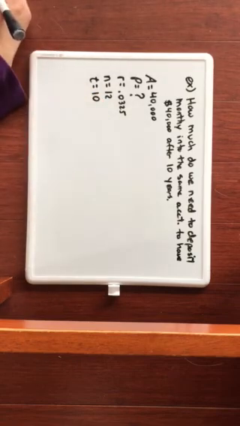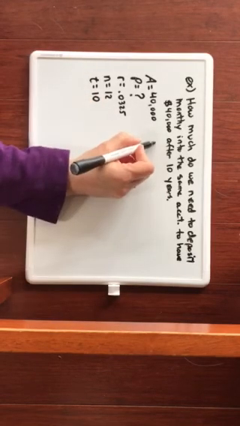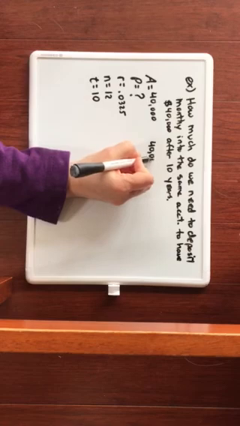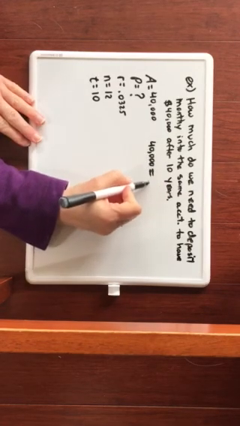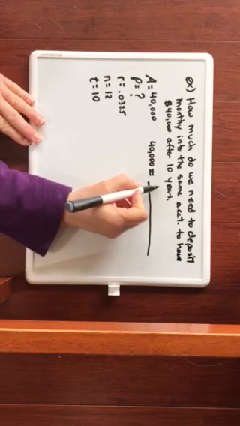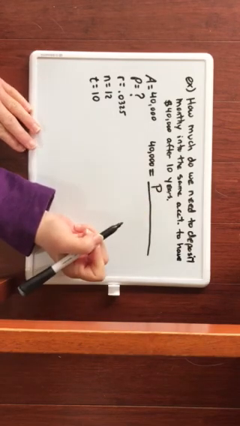Okay, so we're going to use the same formula. We're just going to fill in different letters. So right away we know A is 40,000, and that's going to equal our formula, but this time we don't know what P is. So P is our variable that we're looking for.